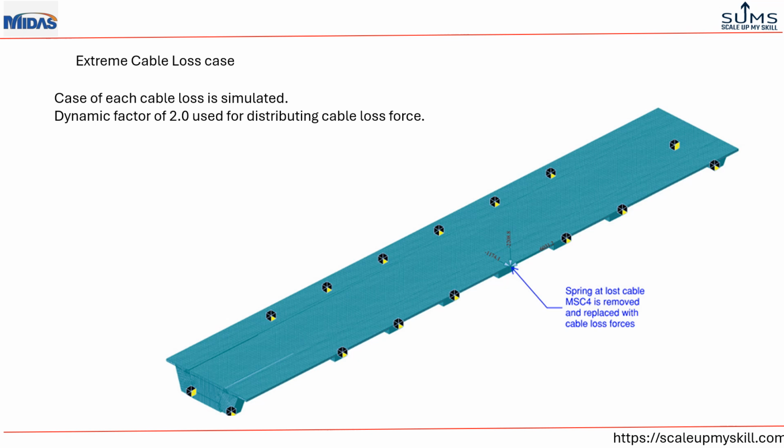First, the support corresponding to the cable which is going to be lost is removed, and whatever is the previous support reaction, that is multiplied with a factor of 2 and applied in the reverse direction, and this way the cable loss cases are generated for each cable anchor location of each brace, and based on that the critical design load envelope is used for the design.